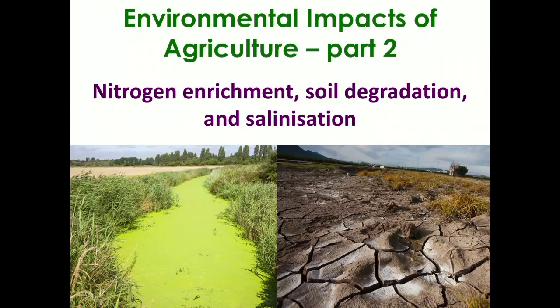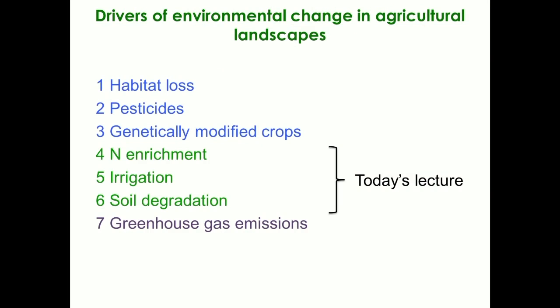So we're going to continue on with our agricultural topic, and this is part 2. Last time we started talking about some of these drivers of environmental damage and alteration that can be a consequence of intensive agriculture.